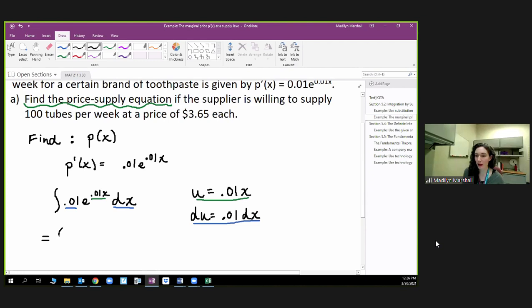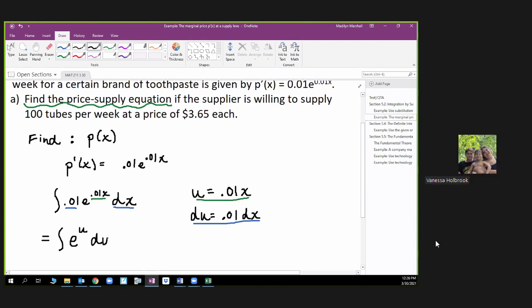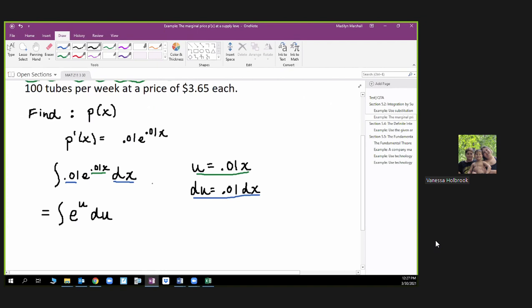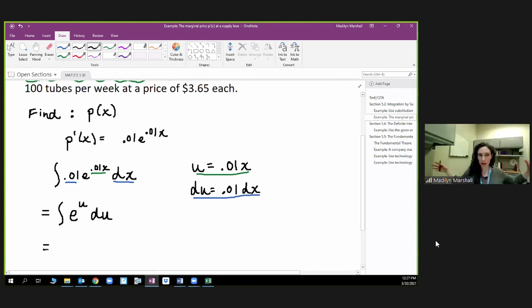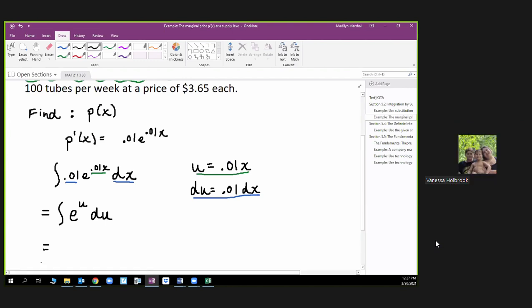So when we do our substitution, the u is going in for the 0.01x in the exponent, and that whole 0.01 dx is being replaced by du. So we substituted all of our stuff with things in terms of u, and now we can do the integral.